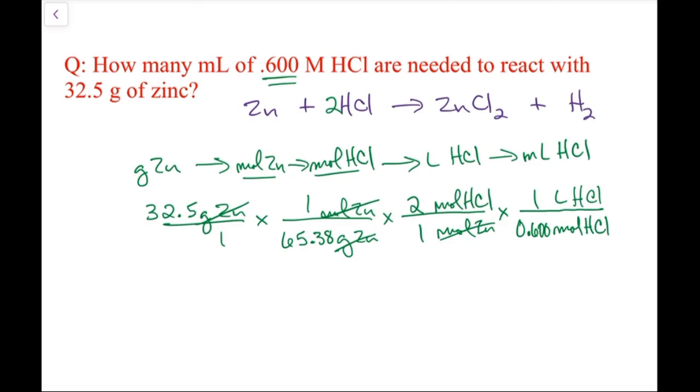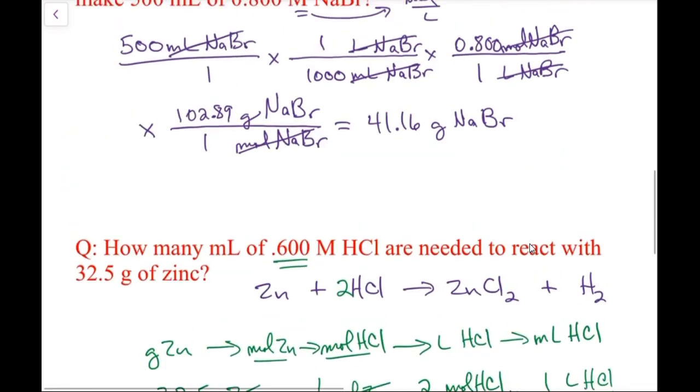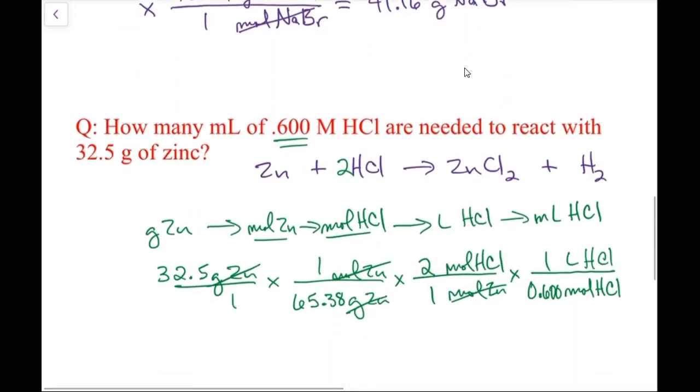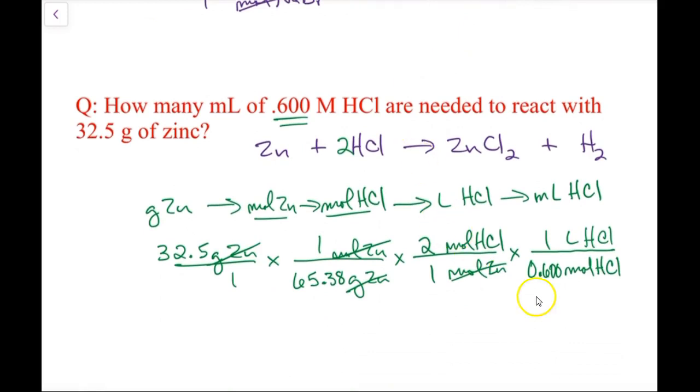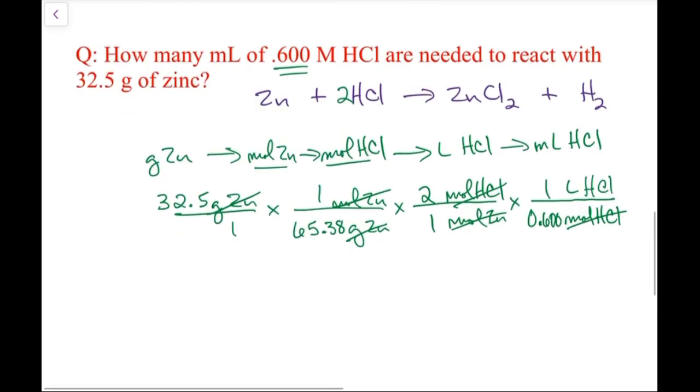Notice this time the molarity went on the bottom. In the previous 2 problems, the molarity went on top, but the difference is here I'm trying to cancel moles, so moles is on the bottom, and the molarity is the number of moles per 1 liter. So a 1 will always go next to liters, and the molarity will go next to the number of moles, or the unit moles.